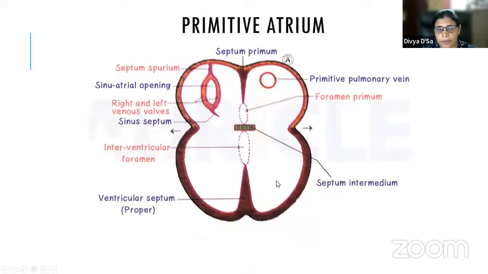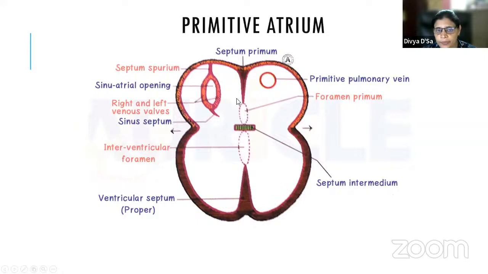For that, from the roof of the atrial chambers, a septum develops downwards towards the AV cushion. So that is the second step. As the septum is developing downwards, there will be a small gap between the right atrium and the left atrium here. That gap is called the foramen primum.